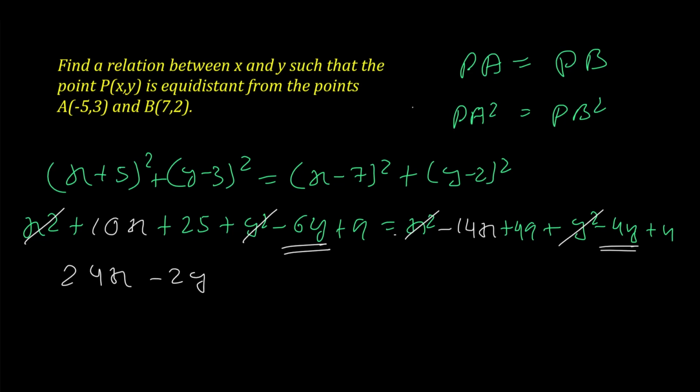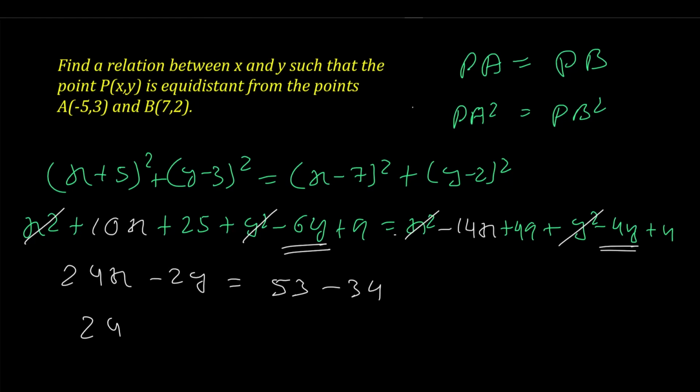For the constants, I'll write the constants on the right hand side. First of all, 49 plus 4 is 53, and I'll bring these numbers to the right hand side. This is 53 minus 34, so 25 minus... Now simply we obtain the relation here, that is 24x minus 2y.